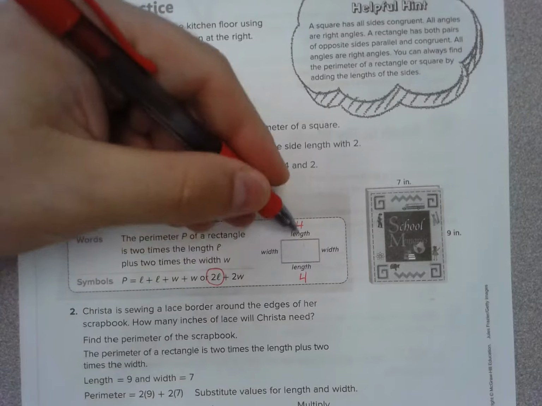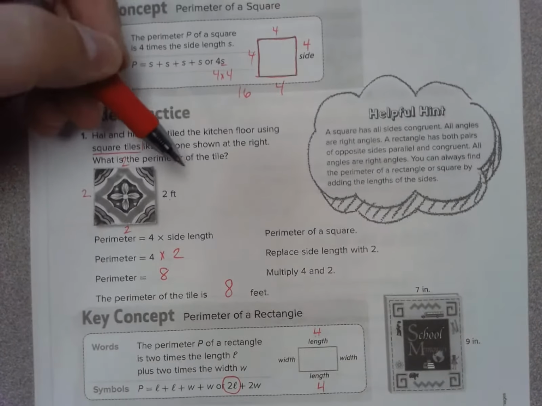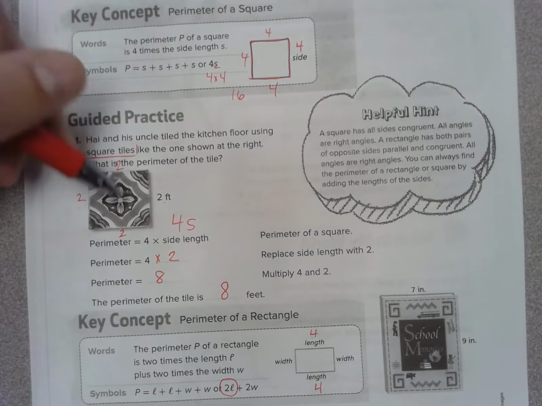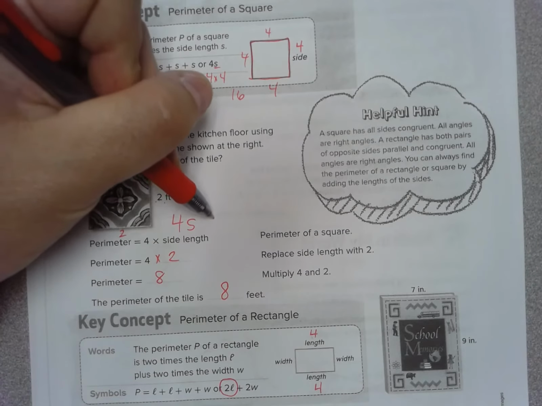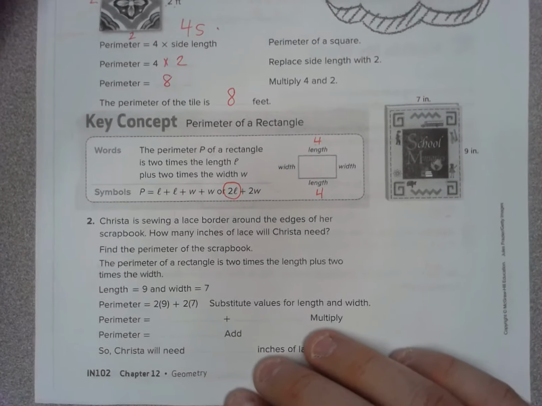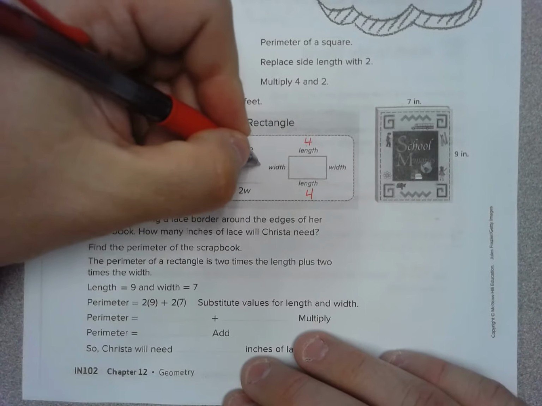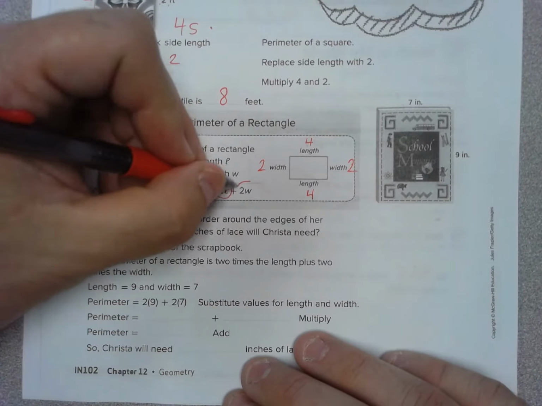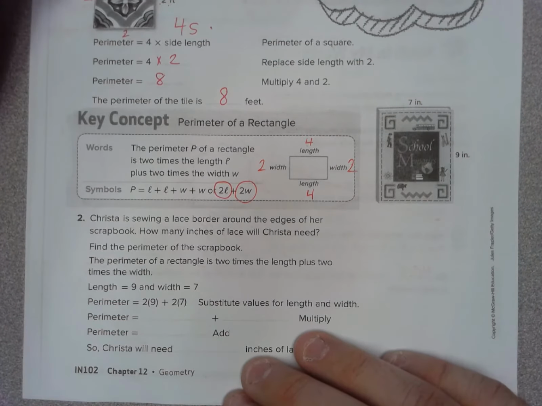So you basically just double it because it's equal. Kind of like we did at the square up here, how they did 4 times the side. Well, all the sides should be equal, so you just say 4 times 2, which would give you 8. But on a rectangle, this right here would say this is 2 and this is 2. Well, those are supposed to be equal for a rectangle, so that's why you take the 2L and the 2W.